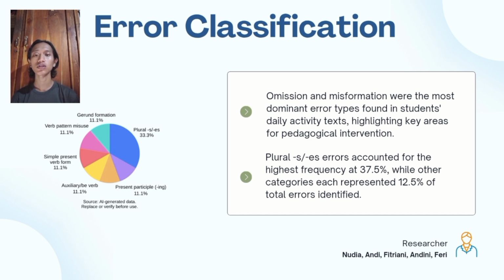The remaining categories, including gerund formation, auxiliary or be verb usage, verb pattern omission, and simple present verb form, appeared at a relatively even rate.